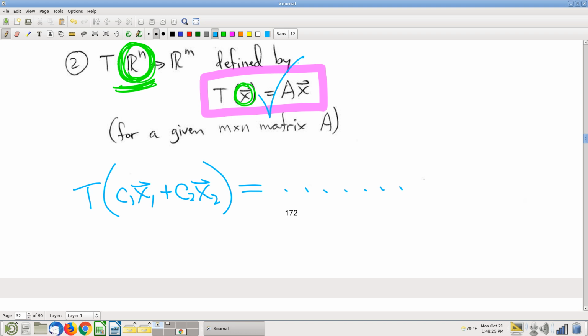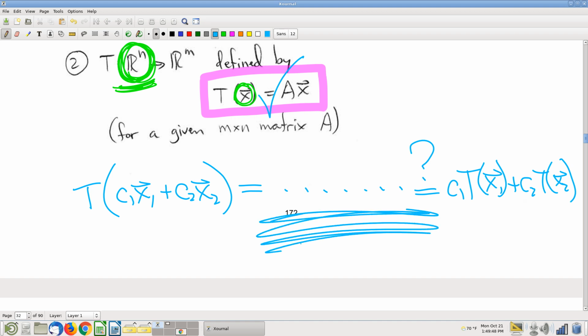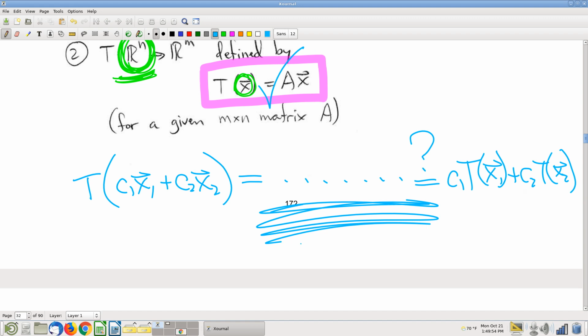And you just need to make sure that what you get is C1 T of x1 plus C2 T of x2. Okay. Does that make sense to everybody? Again, I'm going to leave blanks in here for y'all to fill in. Algebra of matrices is going to play a large role there. Okay. Moving along.